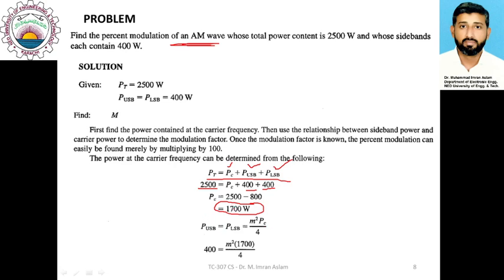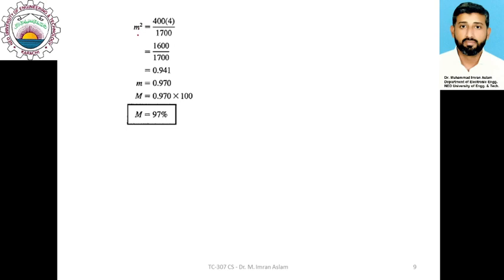But we know that the upper sideband power is related to the carrier power by this relationship. Upper sideband and lower sideband powers are equal, and they are mu square by 4 Pc. If you substitute this value, you can simply calculate the modulation index from this relationship. So modulation index comes out to be 0.970.